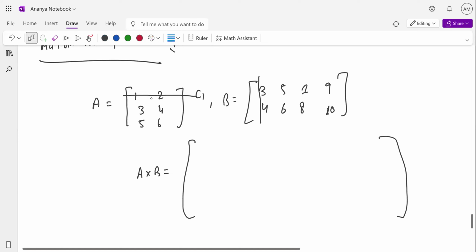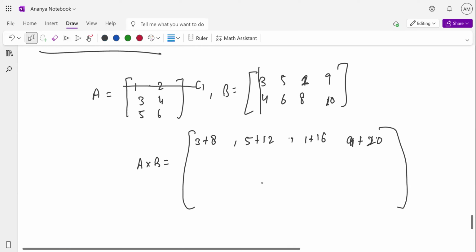First, take this part, C1. So 1 into 3 is 3, plus 4 into 2 is 8. This is the first element you got. Now do this with this. You'll be getting 5 plus 12. Another element you are going to get is 1 plus 16. The next one: 9 plus 2 into 10, 20.